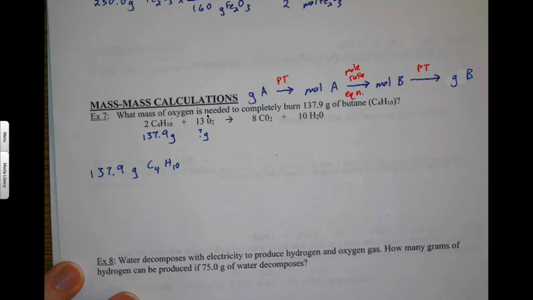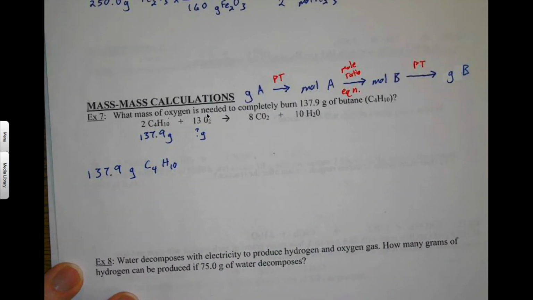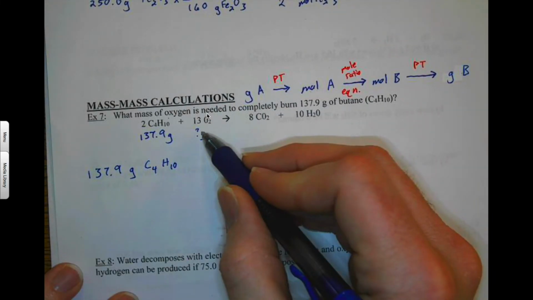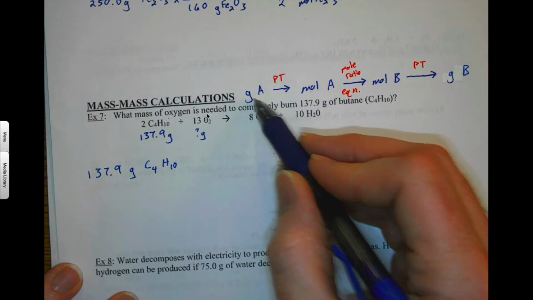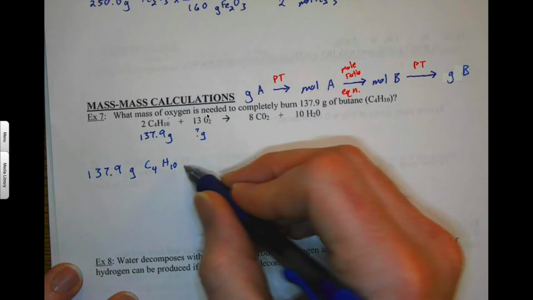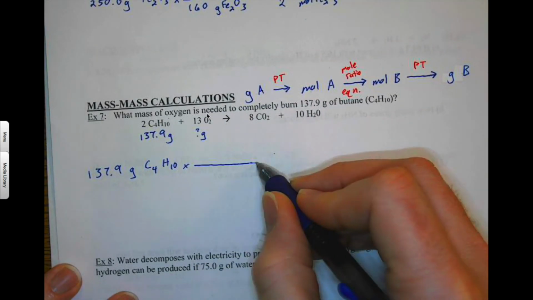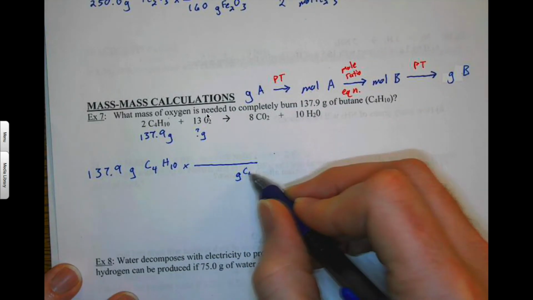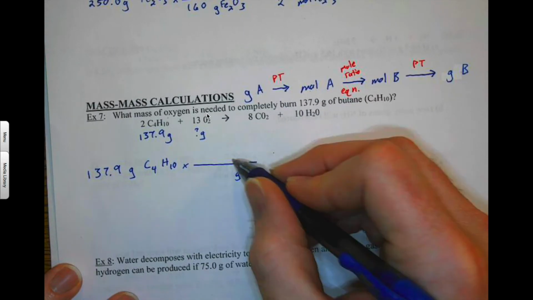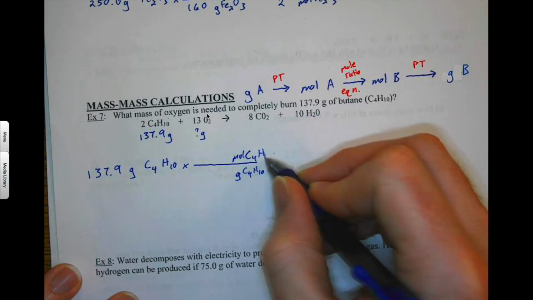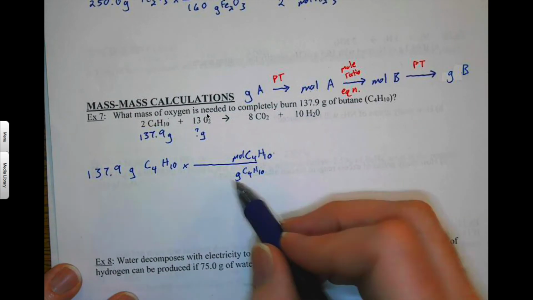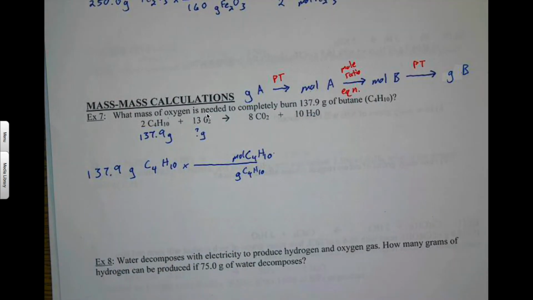So if you have 137.9 grams of butane, and we're going to shift over here, this is our grams of our A, and we're going to change into moles of our A right here. So we're going to change grams of butane into moles of butane, C4H10. Okay? So we'll have to go to the periodic table here.